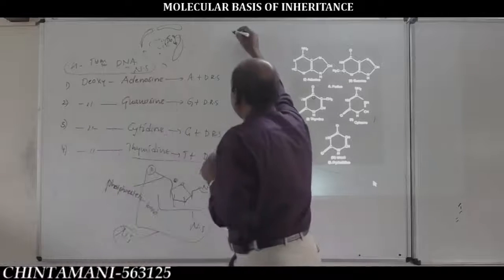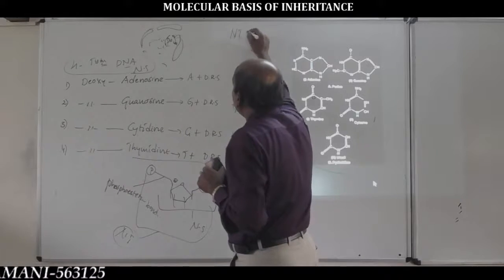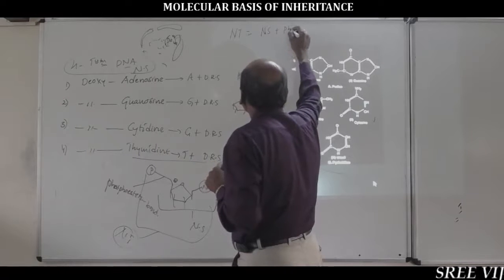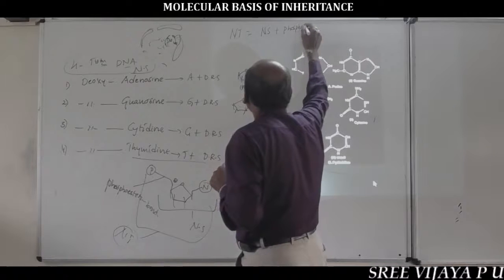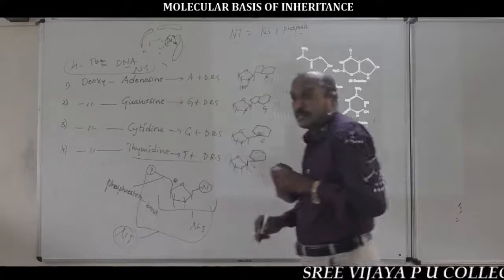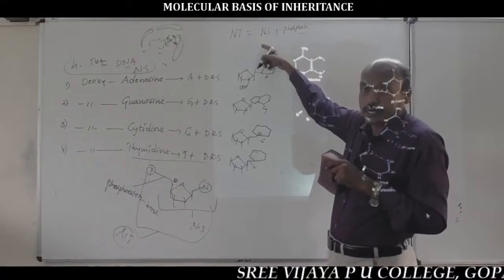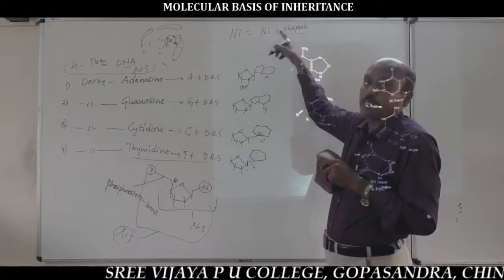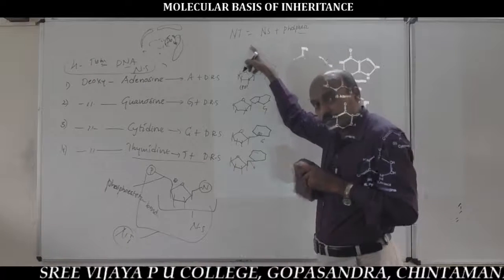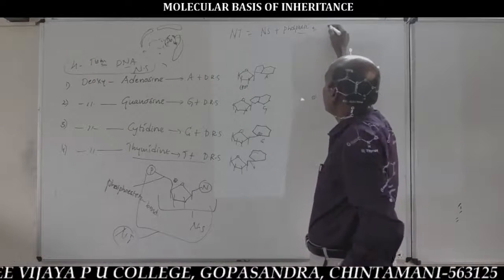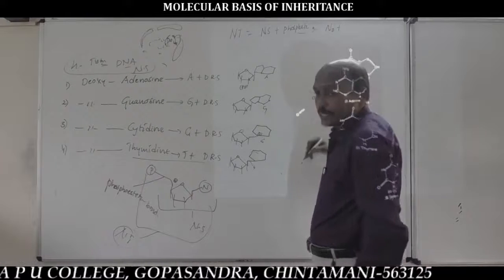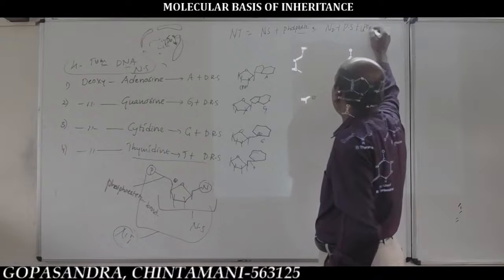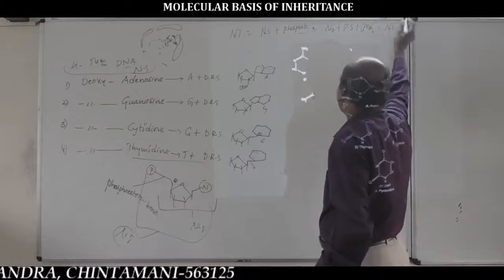So, a nucleotide is a combination of nucleoside and phosphate group, orthophosphoric acid. So the combination of nucleoside with the phosphate group is called a nucleotide. Or overall, the combination of nitrogen base, pentose sugar and phosphate group is called a nucleotide.